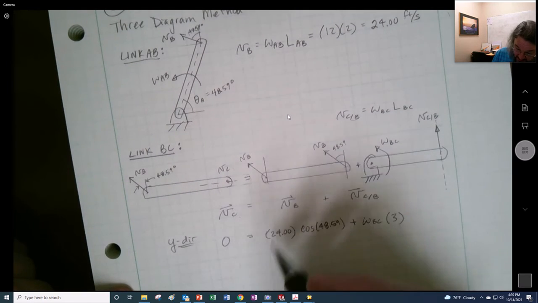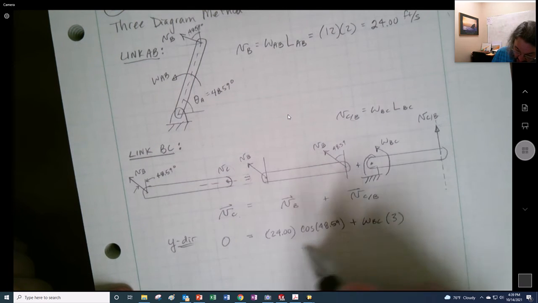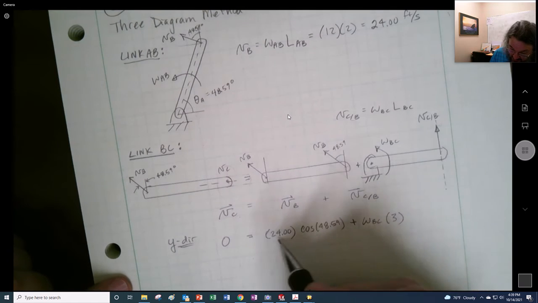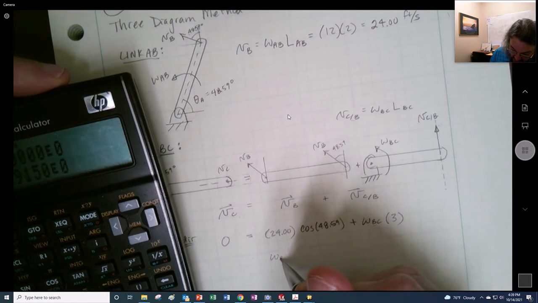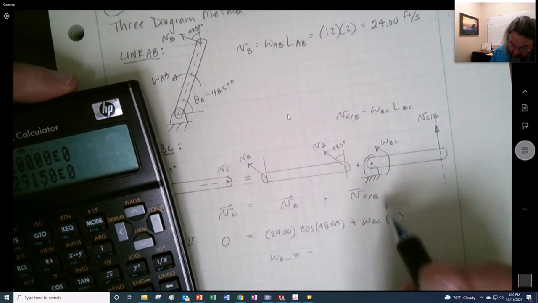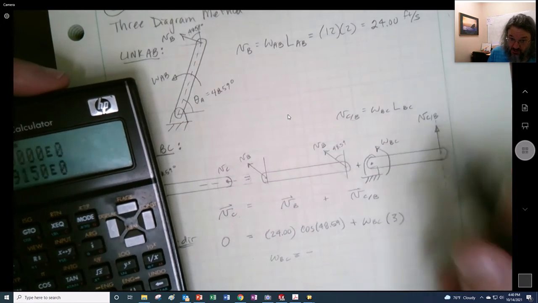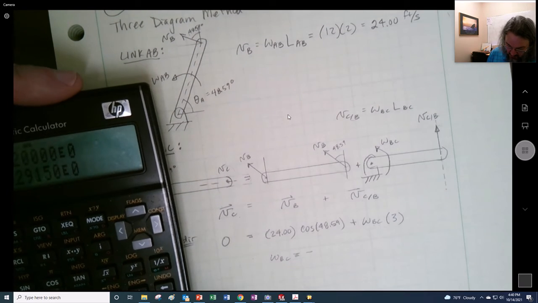We can see from this that we can simply divide this by 3. So we will find that omega BC, and we notice that it's going to be negative. We chose the incorrect direction. It should have gone the other direction, but I purposely guessed it as positive.